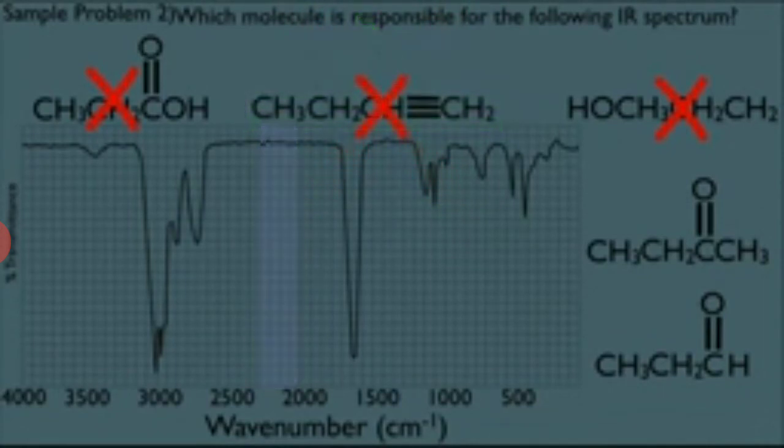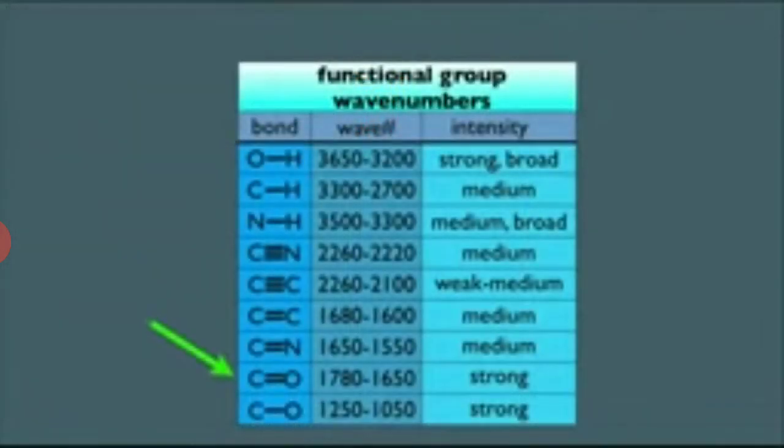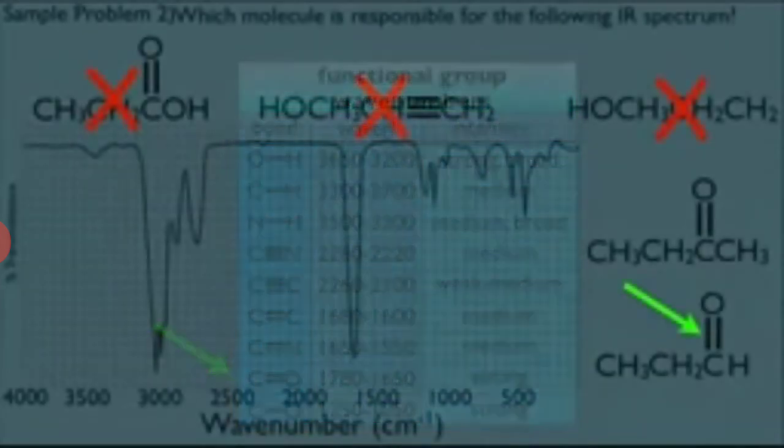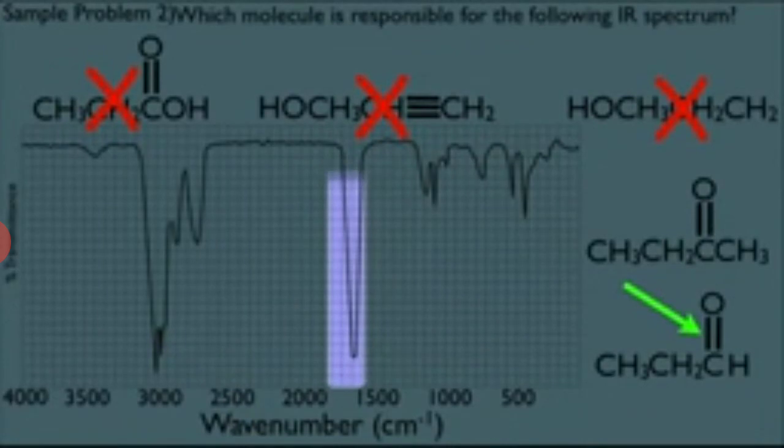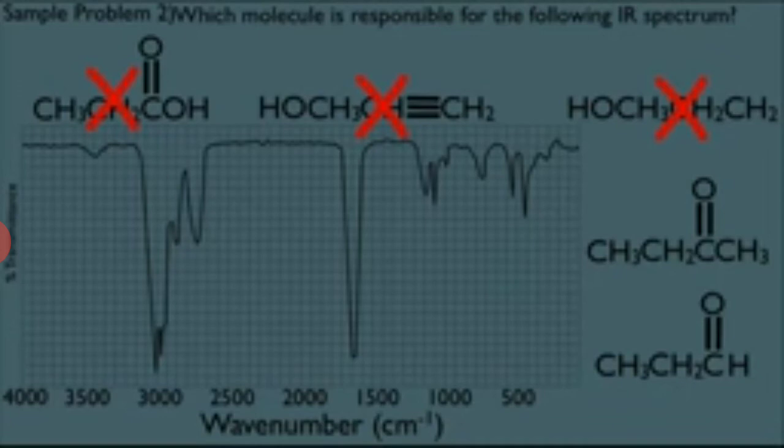Now we have two compounds remaining, the fourth one and the fifth one, and the common feature in both compounds is a carbonyl group. Just try to find a peak between 1650 to 1780, and we have this one peak, and there is nothing special different between these two compounds. Both compounds have a carbonyl group, and we have confirmed the presence of the carbonyl group here.